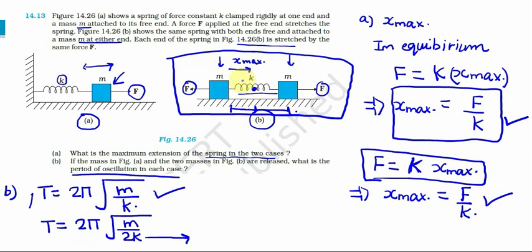Equivalently, we can consider a mass attached to a spring of length L by 2, and force constant 2k, oscillating about this point. So we get the time period of oscillation of each block to be 2 pi root m by 2k.